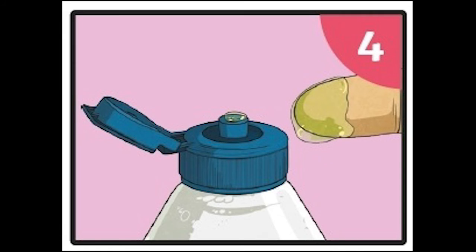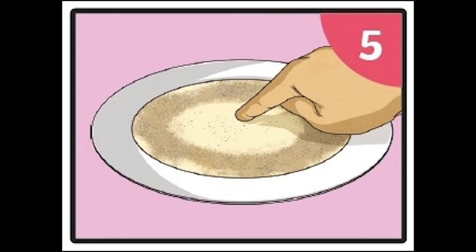Step 4. Dry your hand, then dip your finger into the liquid hand soap. Step 5. This is test number 2. Dip your soapy finger into the center of the bowl of water.